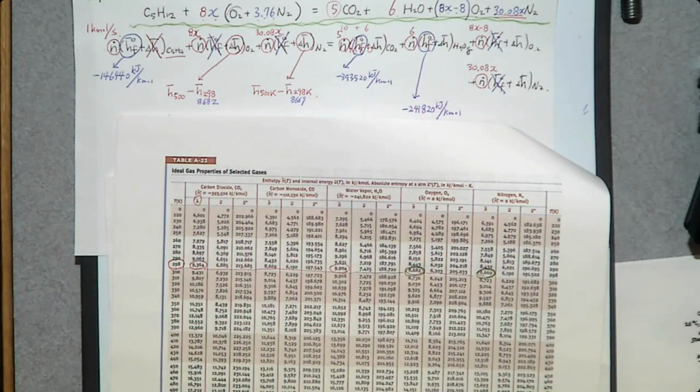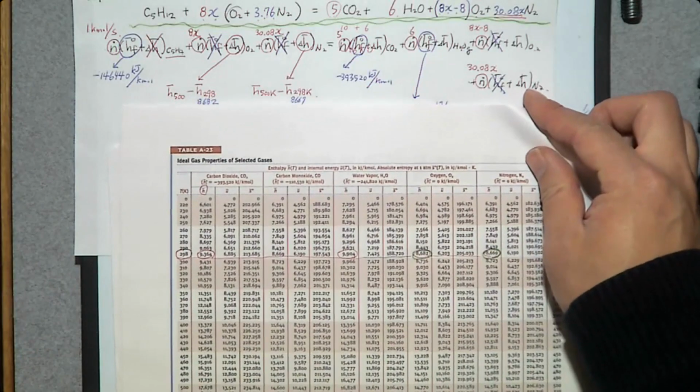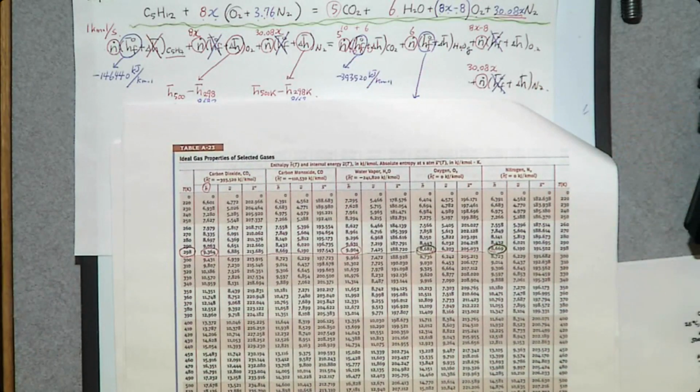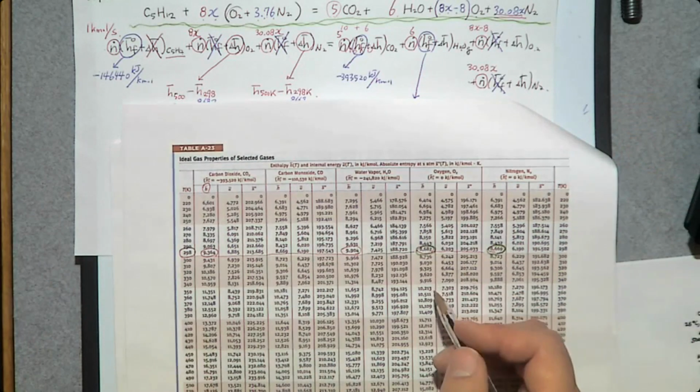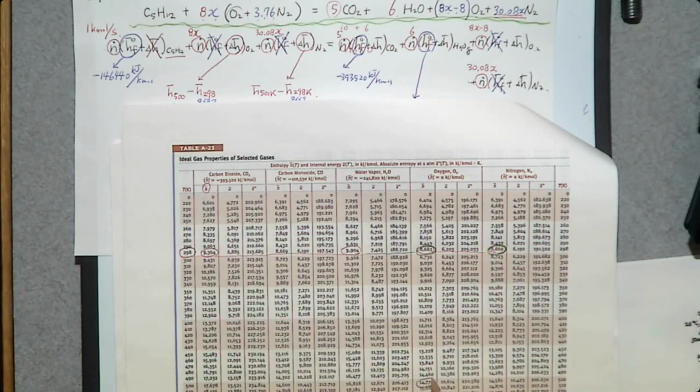Then H bar at 500. So there's a 500, the last row, and H bar of oxygen at 500 is this one, 14,770. H bar of nitrogen at 500, 14,581.